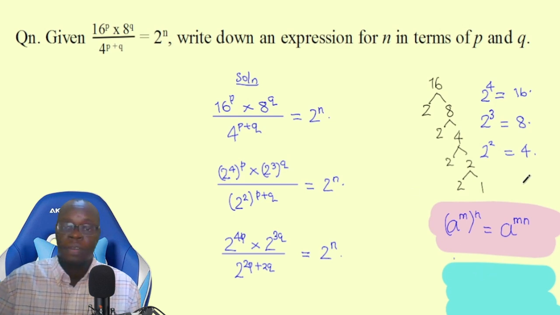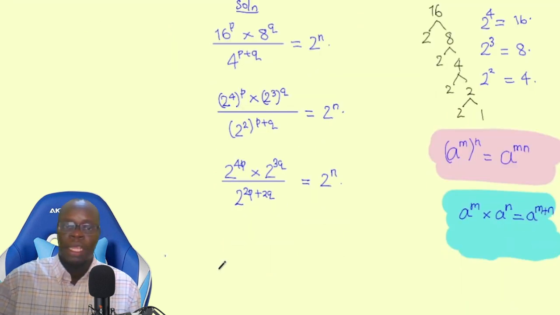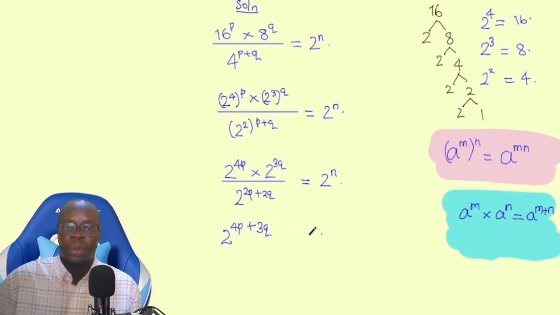When we have a base of a to the power of m, and we multiply it with another one of a to the power of n, this will be the same as we maintain the base and we add, so it is m plus n. So we apply it in the numerator of this question here, and we have, maintaining 1 base, which is 2 to the power of 4p, and here we're adding, so we also add the next one here, and that is 3q.